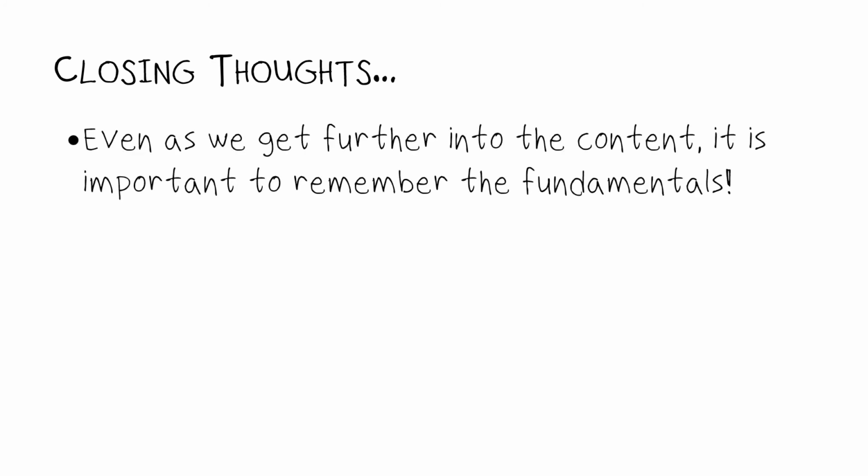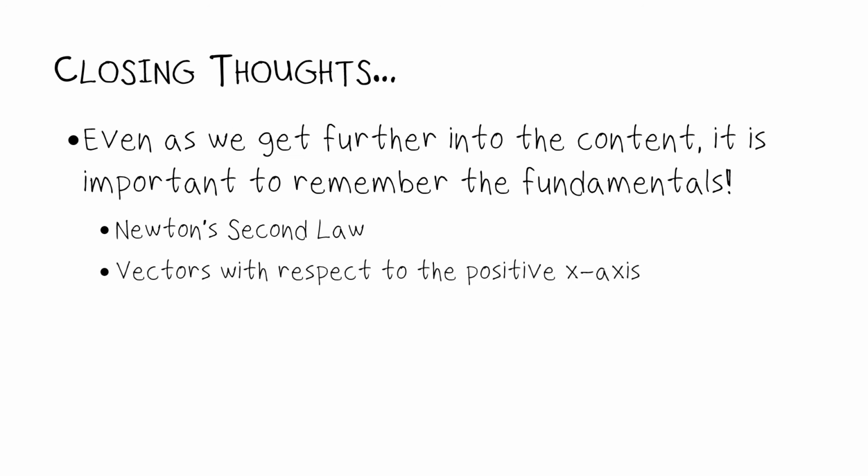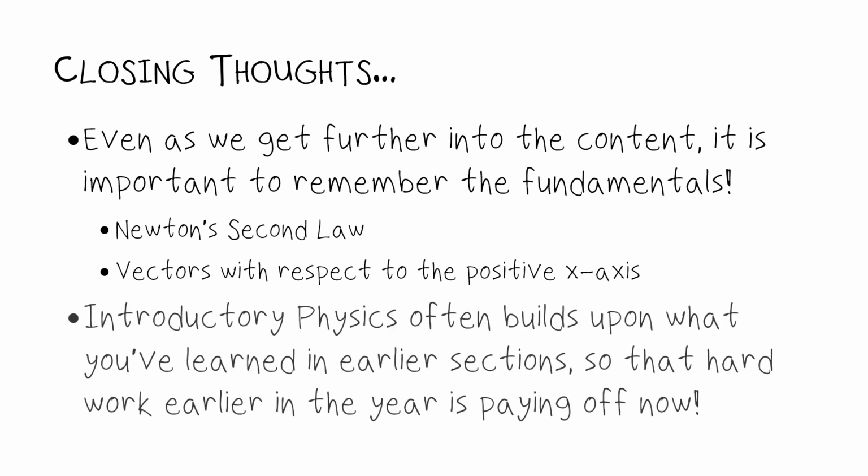Just remember, even as we dig deeper and deeper into the content of introductory physics, we still often rely heavily on the fundamentals we might have learned in the first couple weeks or months of the course. So for example, in this problem, we're using Newton's second law. We're taking vector angles with respect to the positive x-axis. So one of the challenges of introductory physics is that it often builds on what you learned in the earlier sections. So all that work you put in earlier in the year is starting to pay off now.